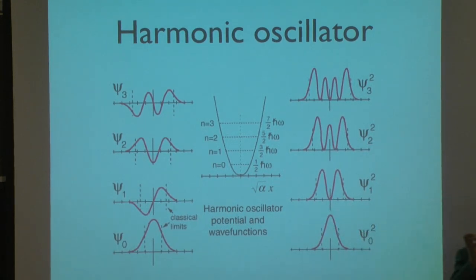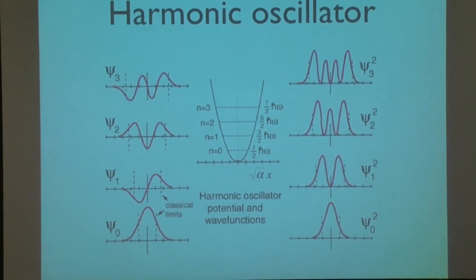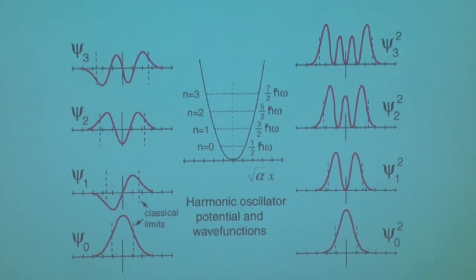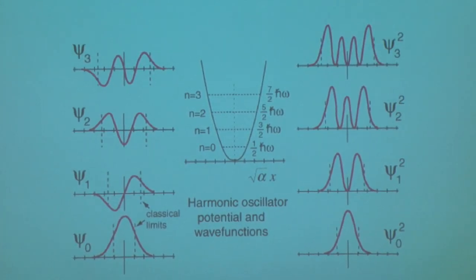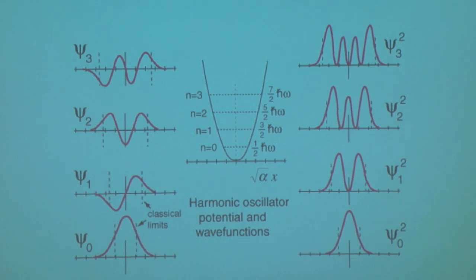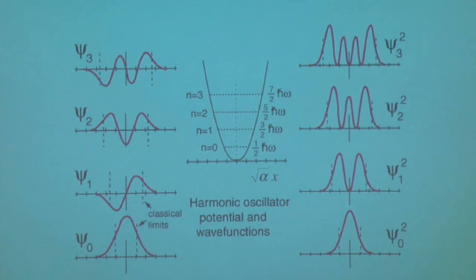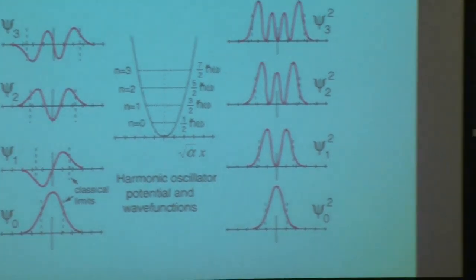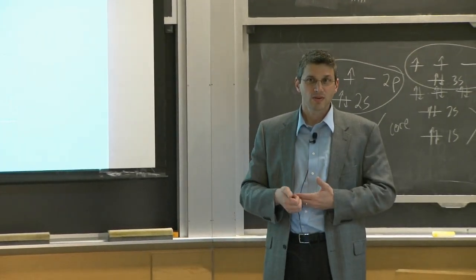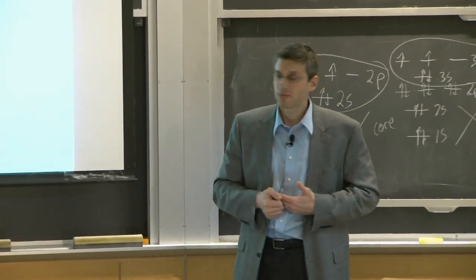Now, here's the critical thing. The shape of the psi squared is the answer. It's where the electron's going to be. It is the probability of finding the electron anywhere in space. Psi squared is the probability of finding a quantum mechanical particle anywhere in space. It is the wave function, and it is also where the particle will be with a given probability.